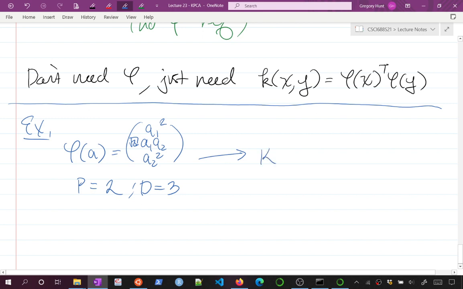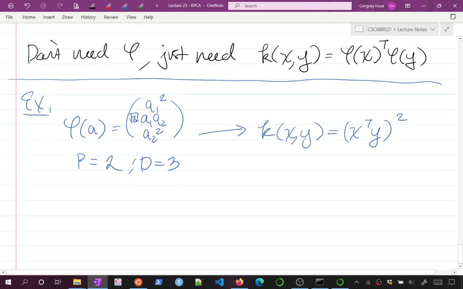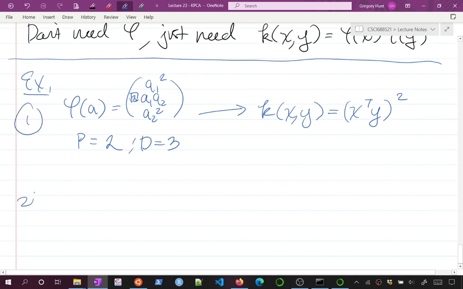And we knew that our kernel function, which is what this little k is called, between 2 elements, in order to actually calculate the inner product between the embedded data, all I need to do is know this little function here, which was the inner product of the original data point squared. So this is maybe example 1.